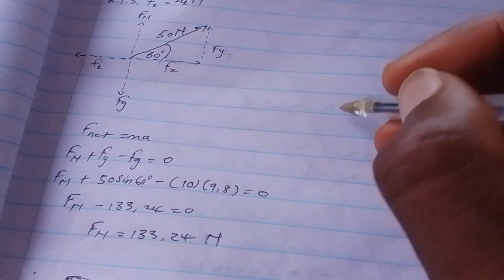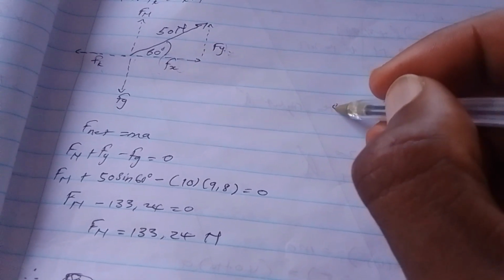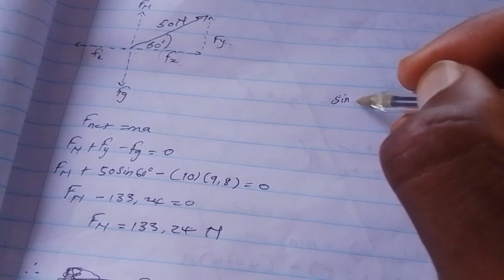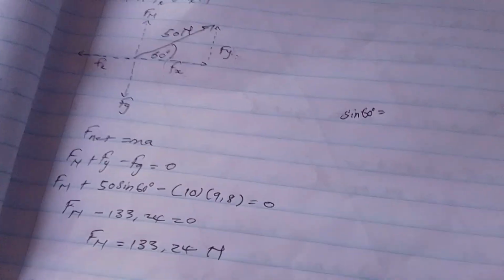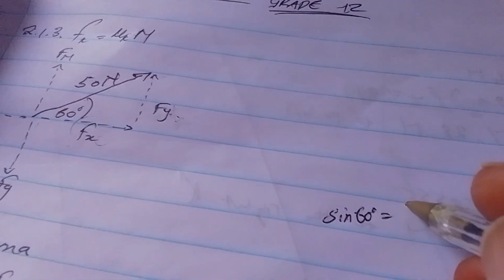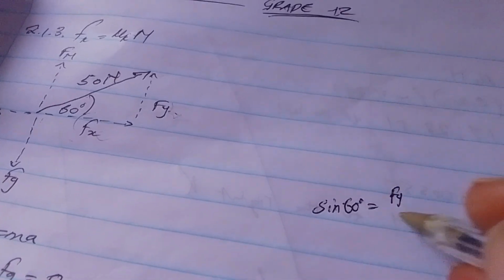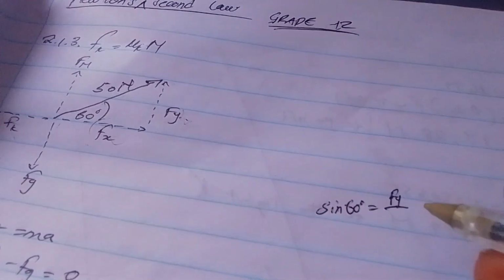For Fy, Fy is our opposite, and for the opposite we use sine. We're already given the angle 60, so sine 60 is opposite over hypotenuse. Our Fy is opposite to the hypotenuse, which is 50 newtons.